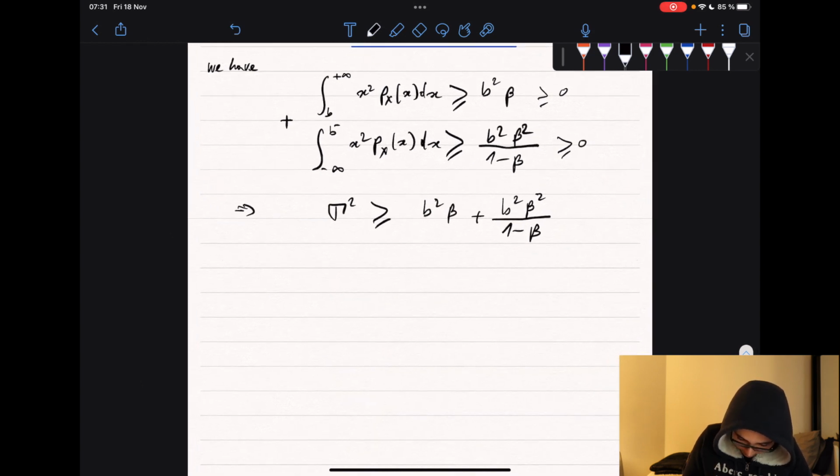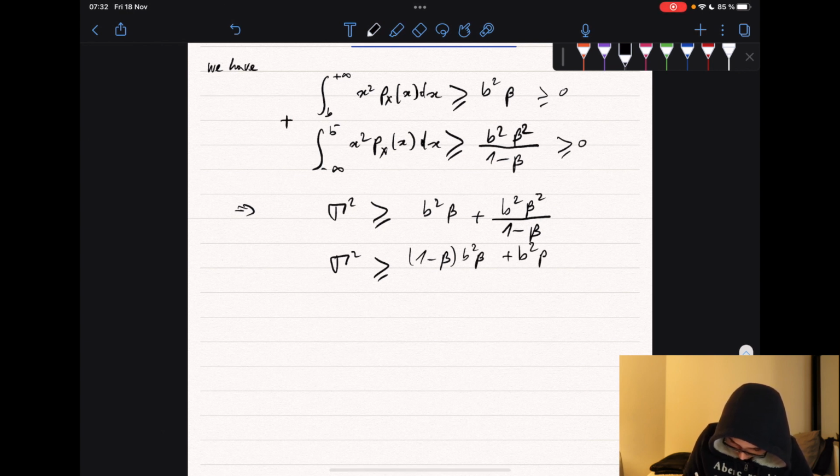And we're just going to reduce this to come up with a final bound on sigma squared. It's going to be 1 minus beta times b squared beta plus beta squared b squared beta squared over 1 minus beta. Here we can see that this term is repeated by the multiplication of this term with this term.